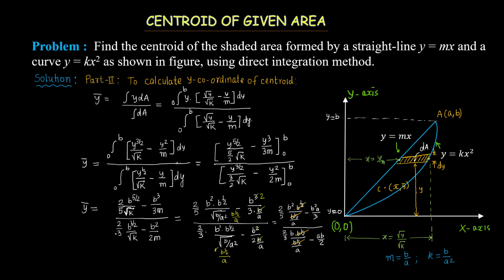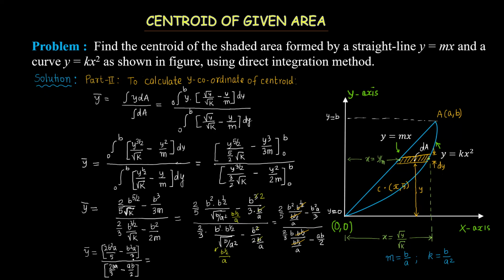If I simplify this, value of y bar will be, friends, I write it here, 2b square a by 5 minus b square a by 3, this whole divided by 2ba by 3 minus ab by 2. That's a very simple outcome.